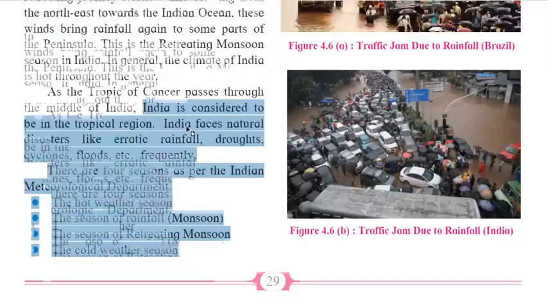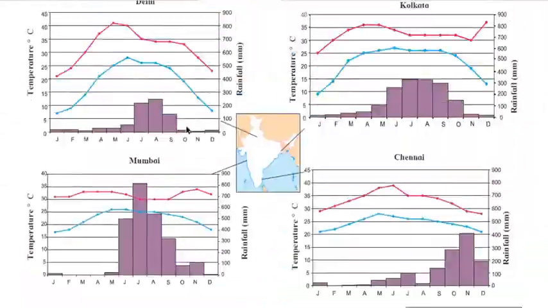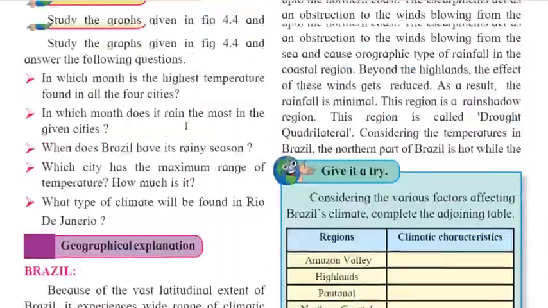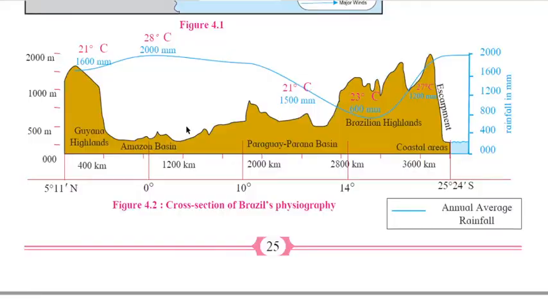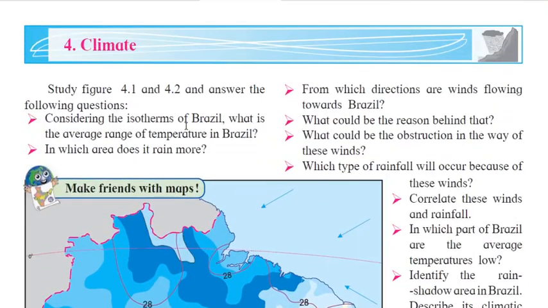I'll move on to the start of the chapter. So this is the map of India and this is the map of Brazil, and what they say is, study figures 4.1 and 4.2 and answer the following questions.